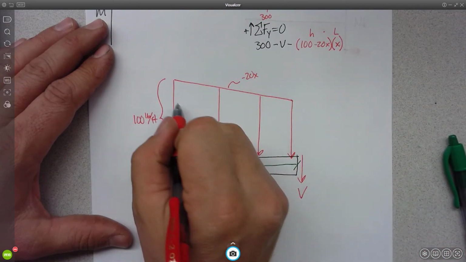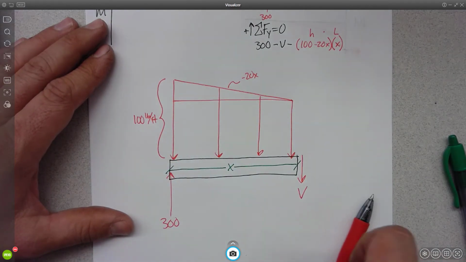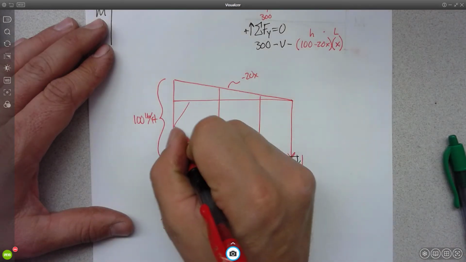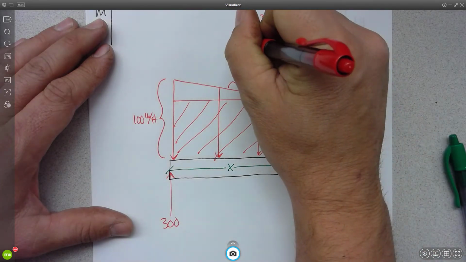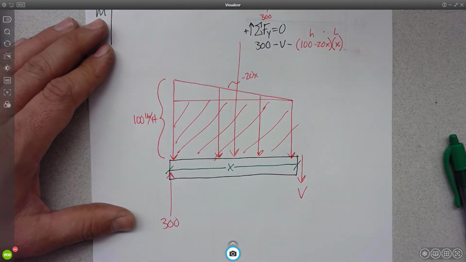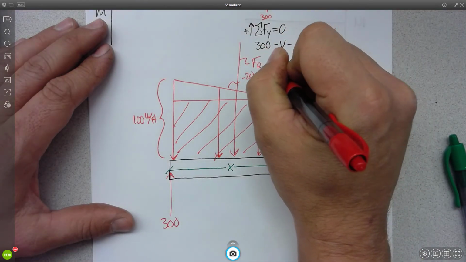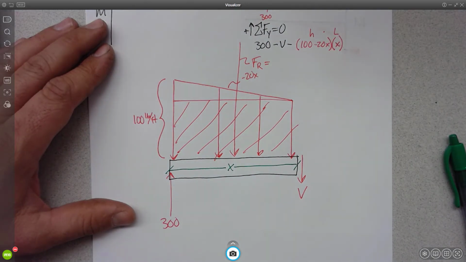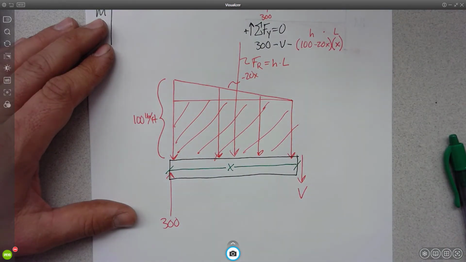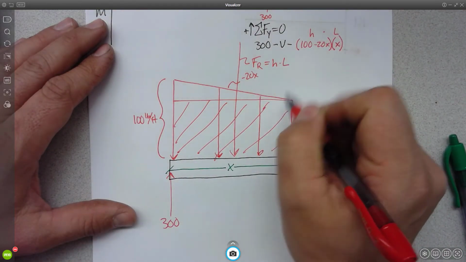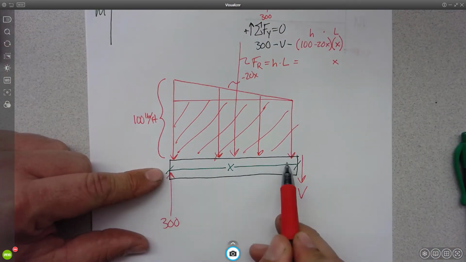So we're going to divide this into two regions. This region here would have a resultant right smack in the middle. The magnitude of this resultant, I'll call it the force resultant, is going to be the height times the length of that rectangle. The length is easy. We know that's x. Right here it's labeled, it's x.